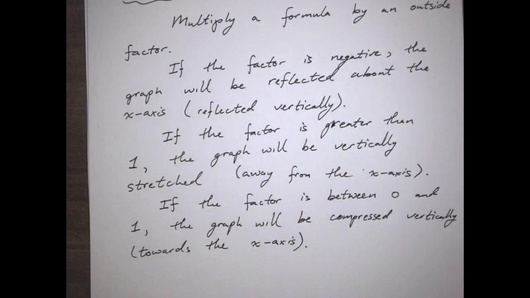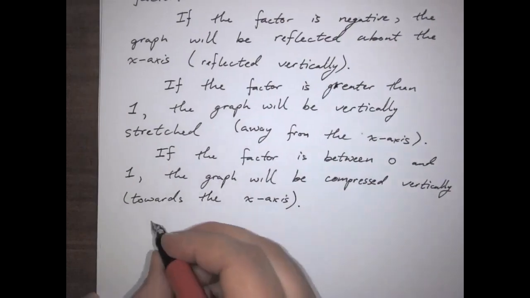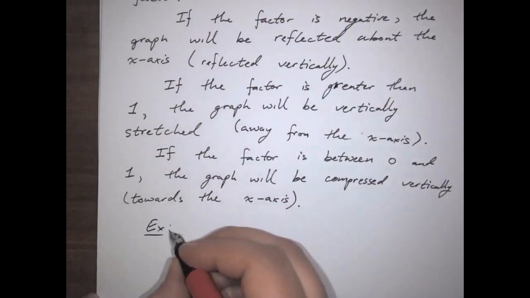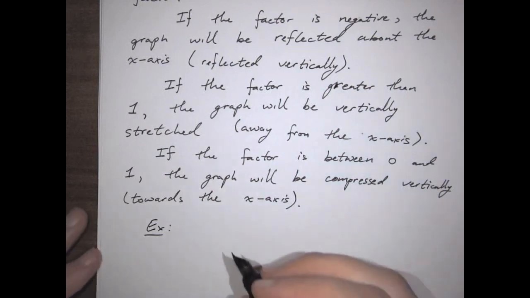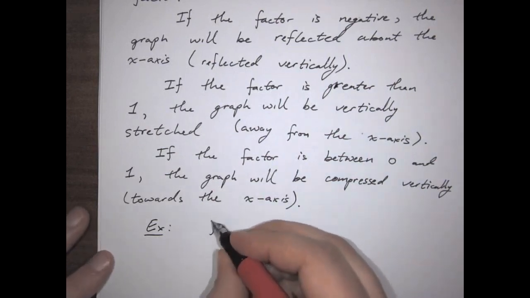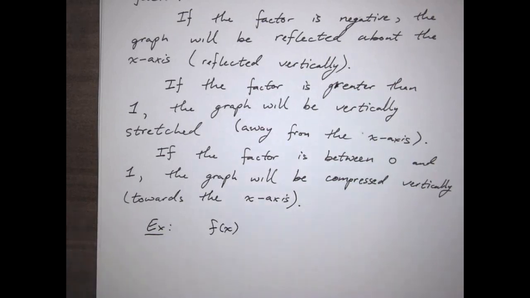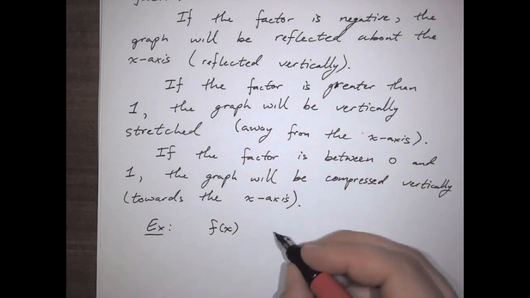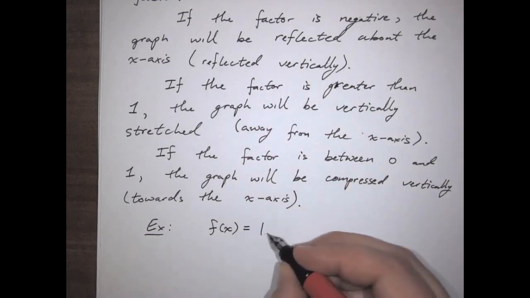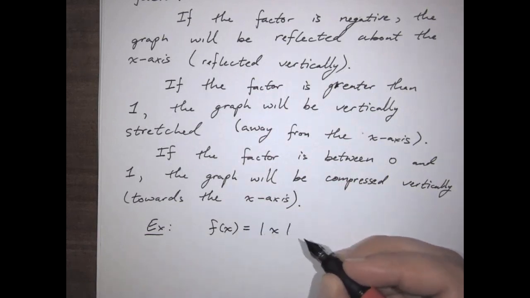So as an example, let's say we took something like f of x is equal to the absolute value of x again.